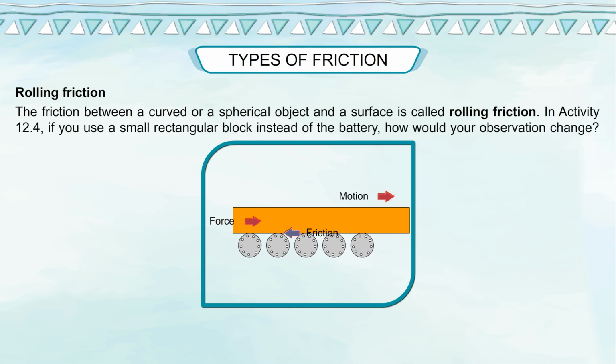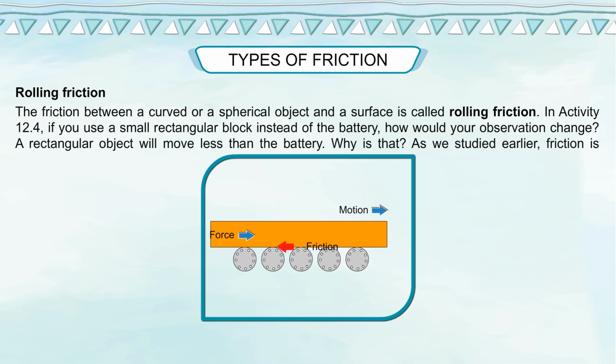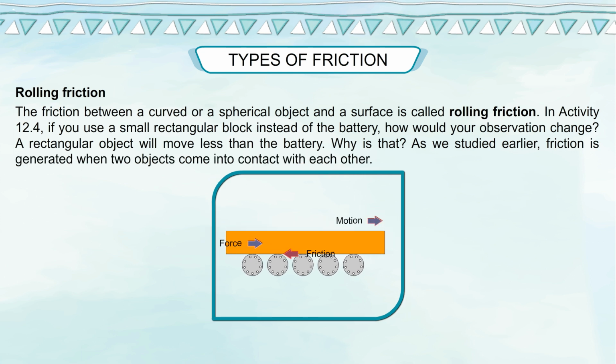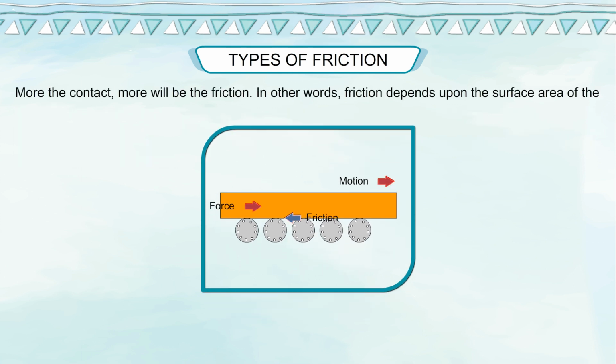In Activity 12.4, if you use a small rectangular block instead of the battery, how would your observation change? A rectangular object will move less than the battery. Why is that? As we studied earlier, friction is generated when two objects come into contact with each other. More the contact, more will be the friction.